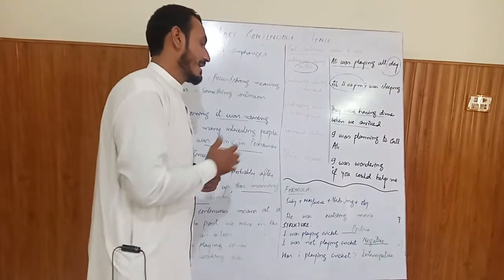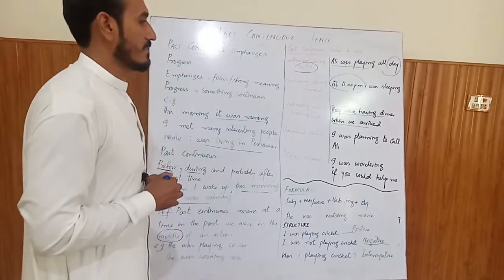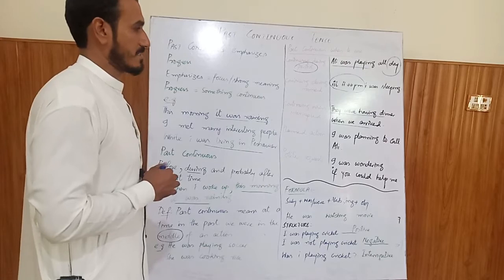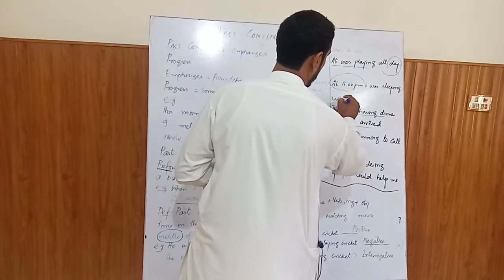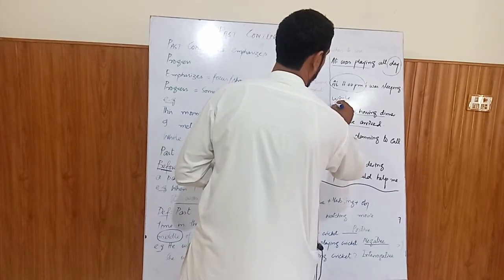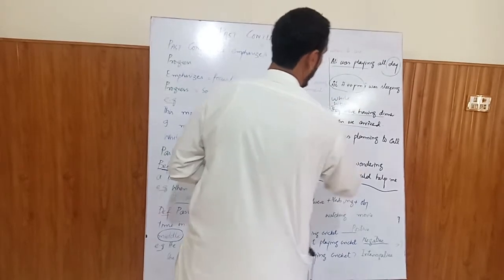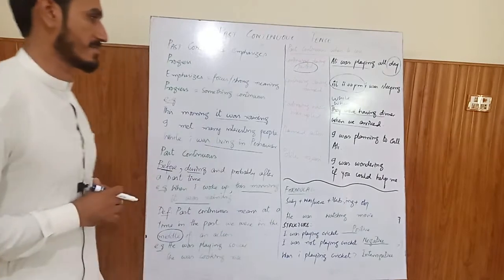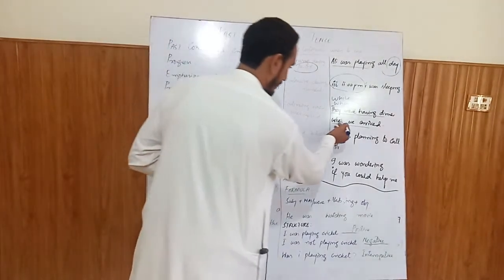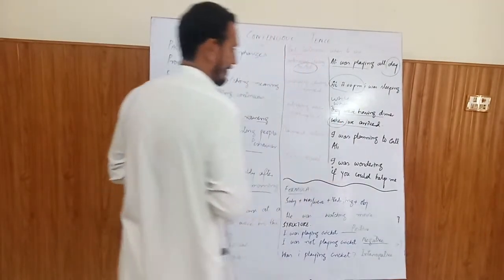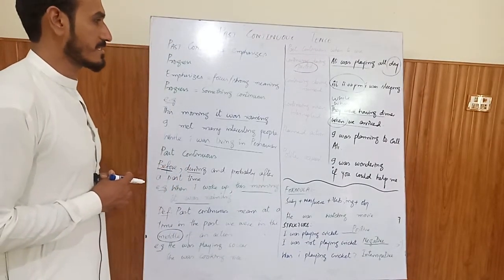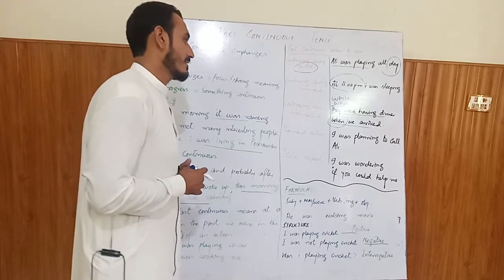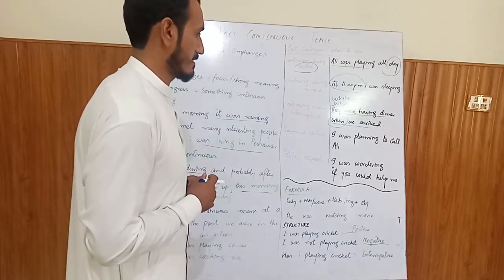Okay. While we are using with past continuous tense. While. And when we are using in simple past tense, so here we have used when. When we use here with past tense, and while we are using in past continuous tense.